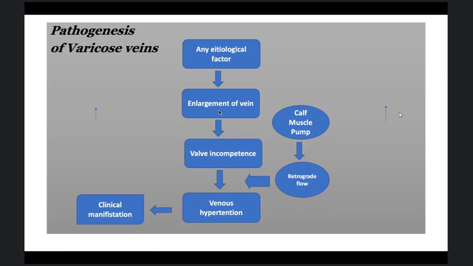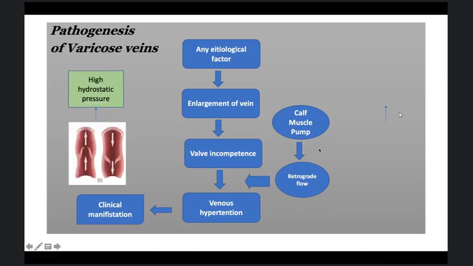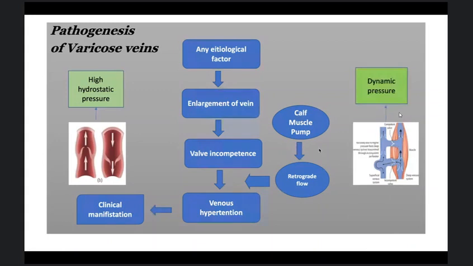it will become incompetent. So when the blood accumulates in the superficial venous system, from any cause, the segments of the vein will enlarge.